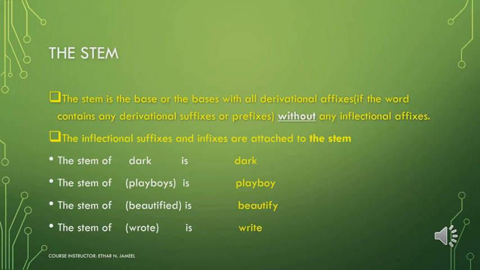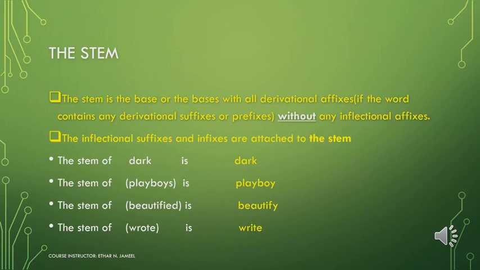We've said that the stem is the base with all derivational affixes, but in this one there is no derivational affix, so it's okay. The stem consists of the base only. And we don't have any inflectional affix, so dark is the word and dark is the stem also.